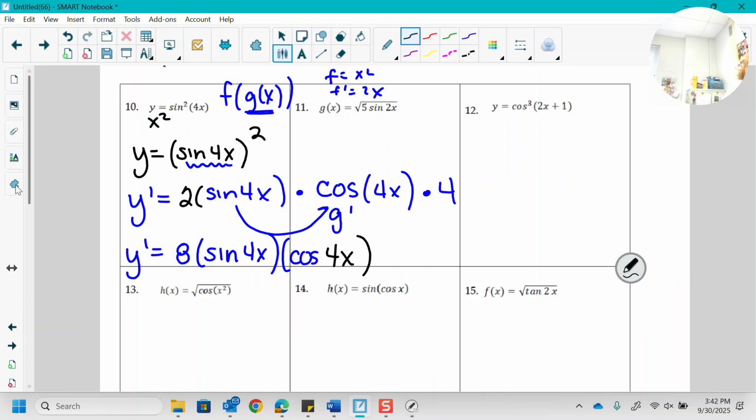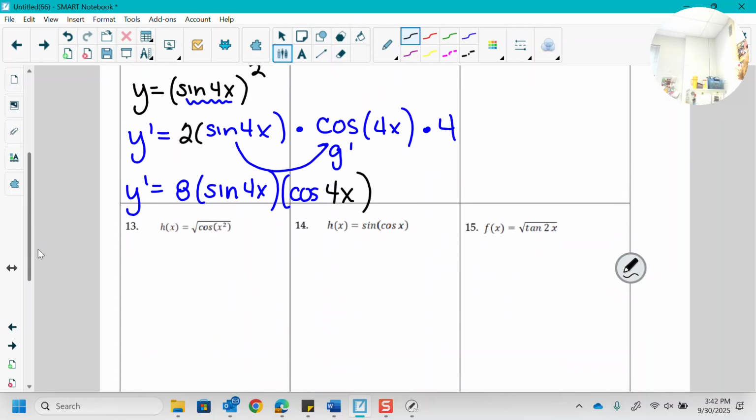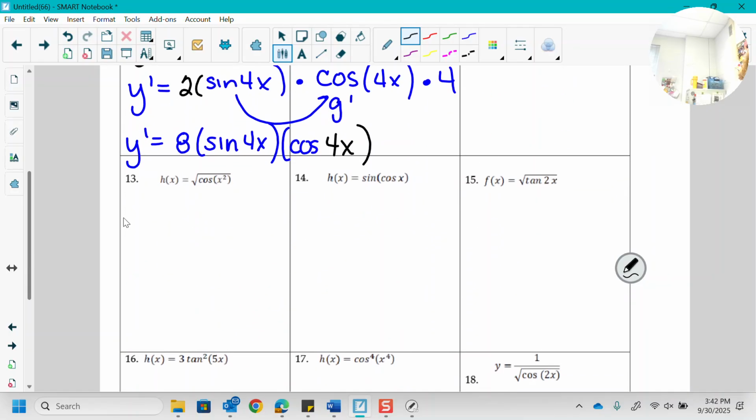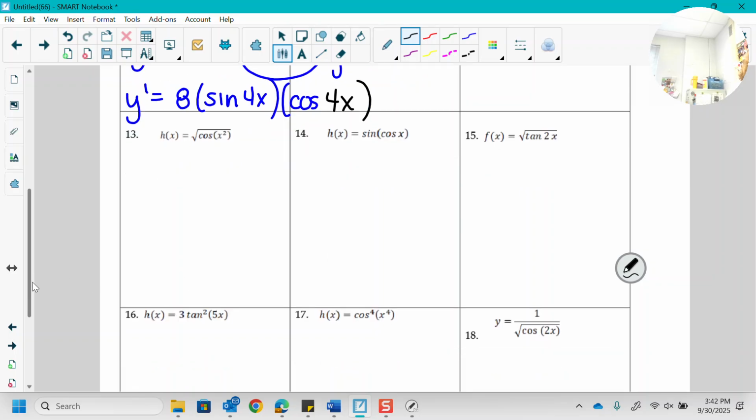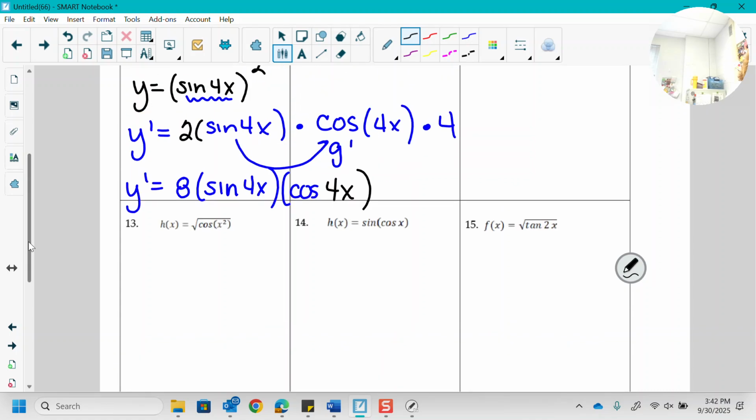So maybe we'll pick a couple of these that we haven't done yet. Maybe let's do 14, and let's do 15. Actually, well, 13 and 15 are very similar. So let's do 14, let's do 15. Let's go through and we'll just do some rewriting on these.